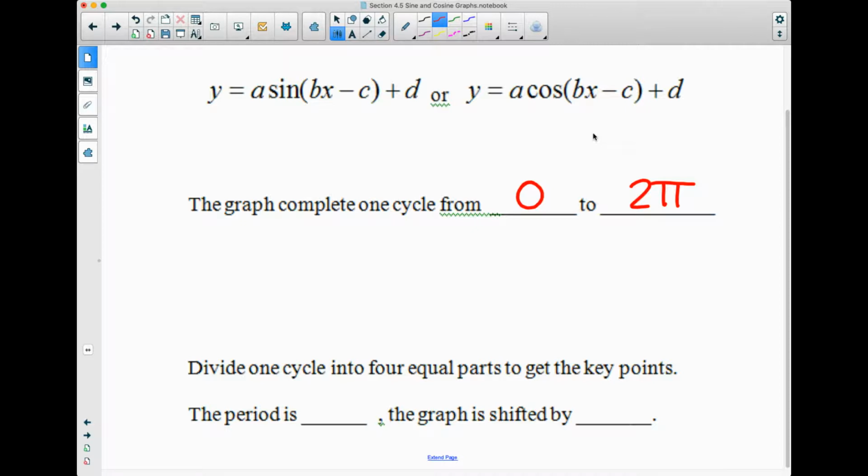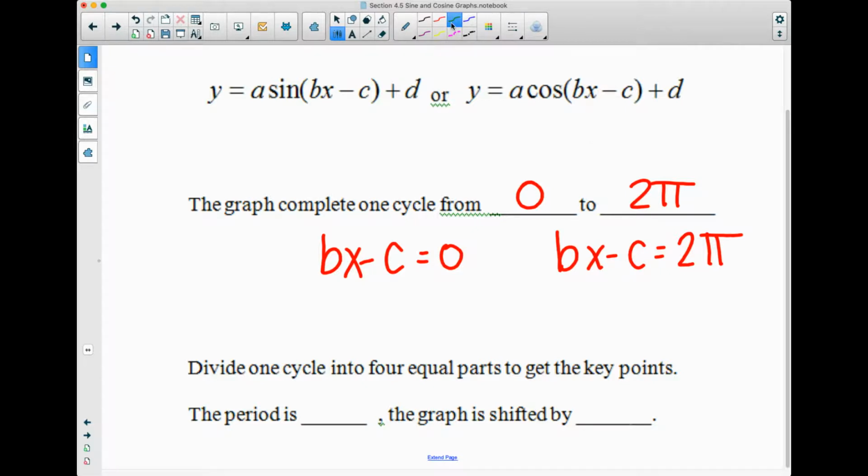Okay? So, how do we do this? We are going to take what's inside the parentheses, and we'll set it equal to 0 and 2 pi. By evaluating this, you find where you start on your x-axis.